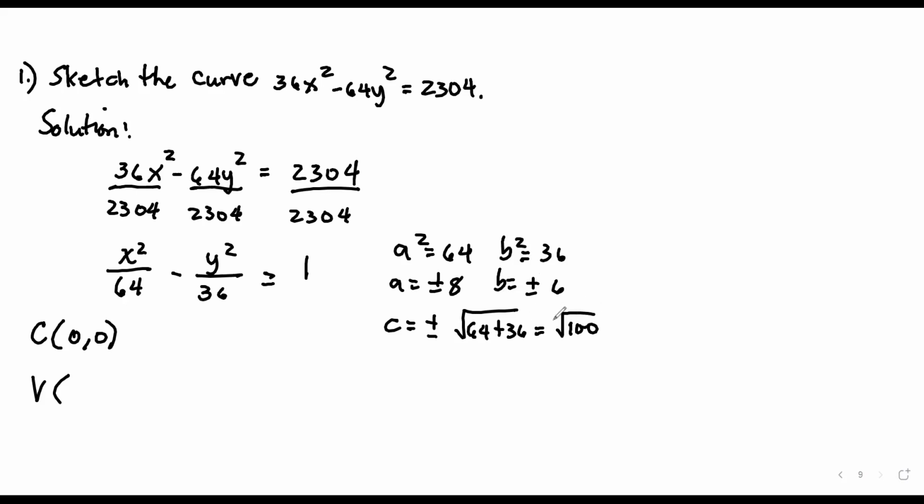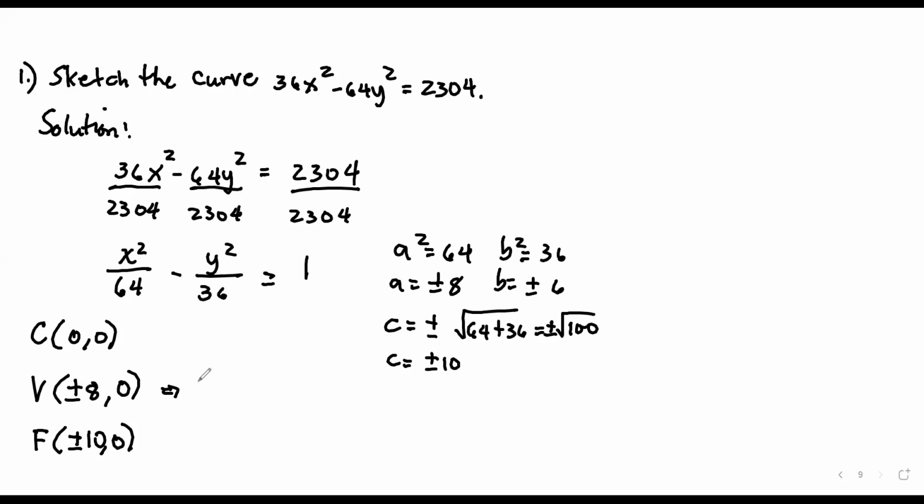That is square root of 100. So c is equal to positive negative 10. Okay, so for vertices, ang coordinates niyan, dahil ang transverse axis ay nasa x, so we will have positive negative 8, 0. For the foci, follow lang sa vertices, pero yung value ni c, positive negative 10, 0.